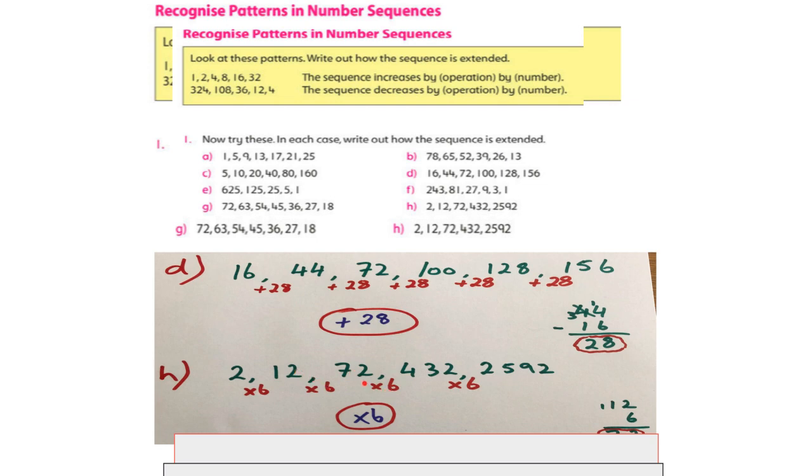If we multiply 72 by 6, we don't know what answer we would get, but we'd have to do some rough work at the side. But we will get the answer of 432. If we multiply that 432 by 6 again, we will get the answer of 2,592. So in this particular case, our operation is multiply by 6.